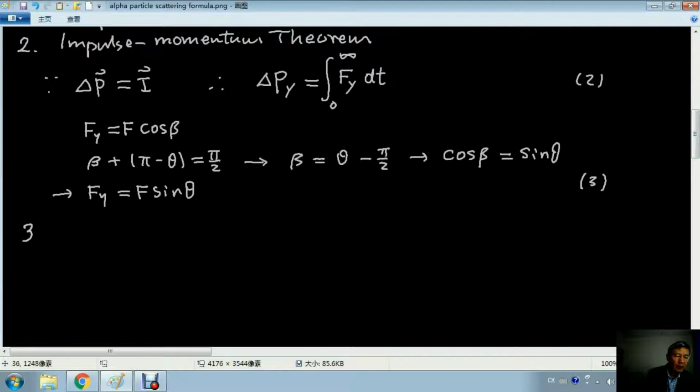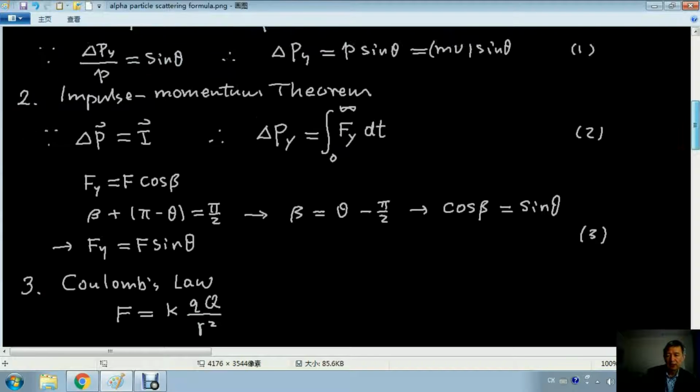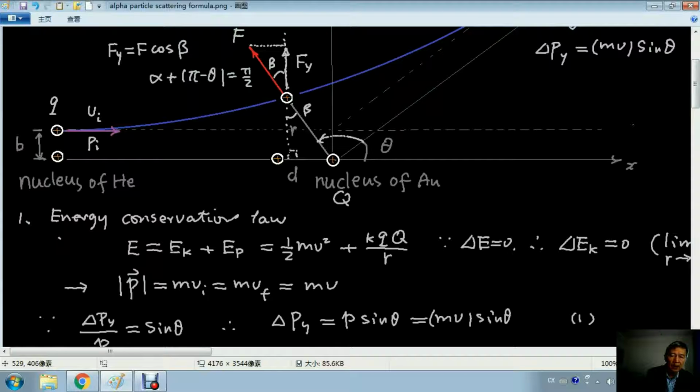Thirdly, we have to use another basic law in physics. What is F? F is determined by Coulomb's law, the electrostatic force between the two positive charges in this case. Coulomb's law says F, the magnitude of the interaction, will equal K times the product of the two charges divided by R squared, where R is the distance between the two charges. So this force is determined by Coulomb's law.